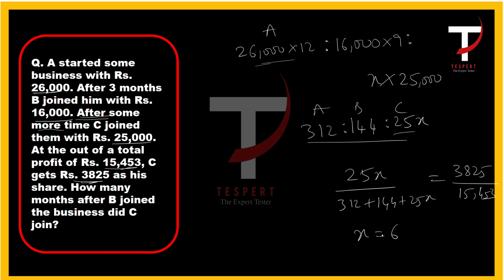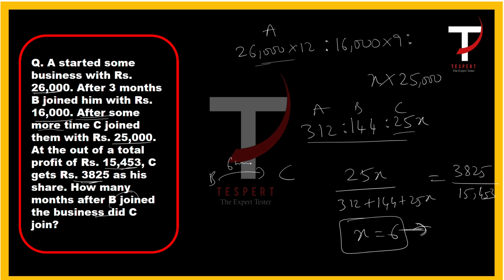What is 6? 6 is the number of months. After 6 months he joined. So after B has joined, C has joined after 6 months.